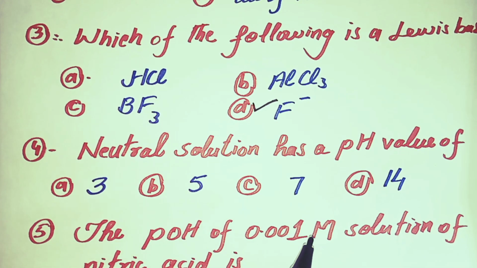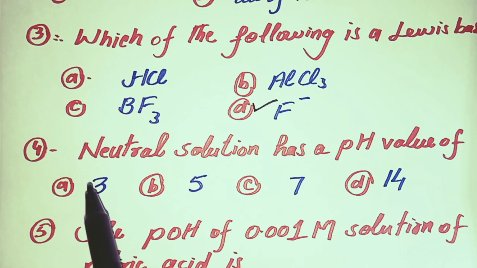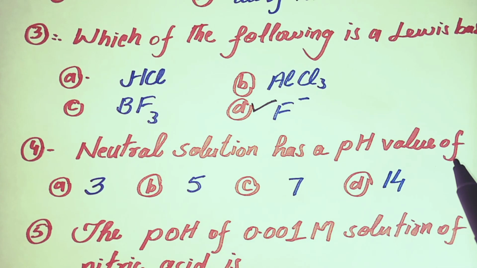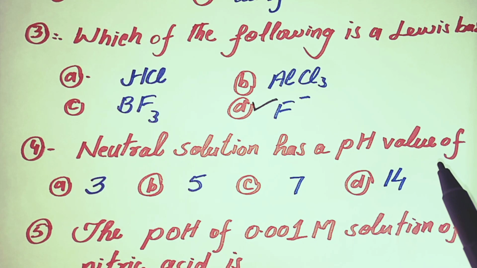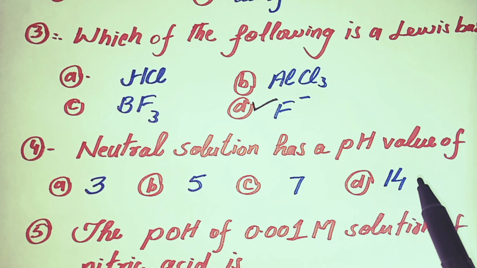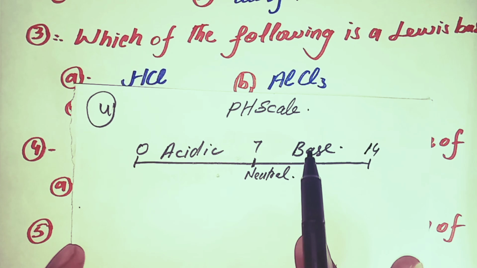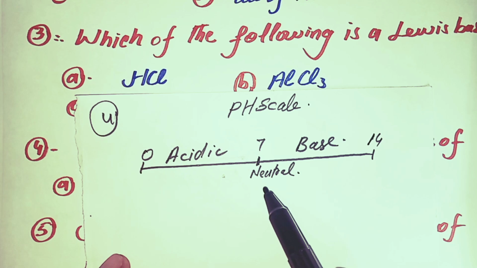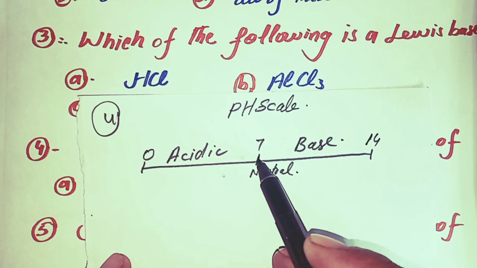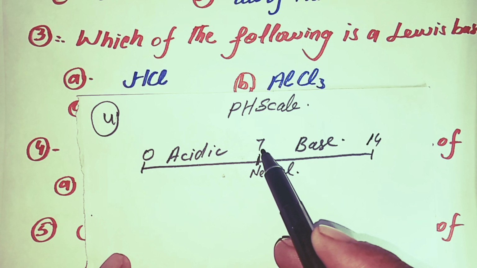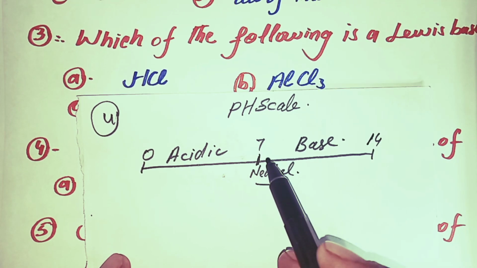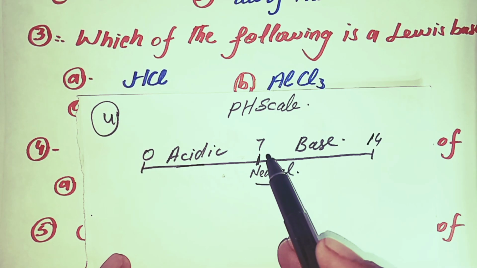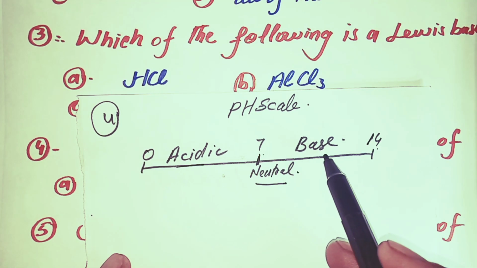Next, question number 4, the neutral solution has a pH value of. We know that the pH range is from 0 to 14, and the solutions which have pH value 7 are neutral, and from 0 to 7 they are acidic, and from 7 to 14 they are basic.